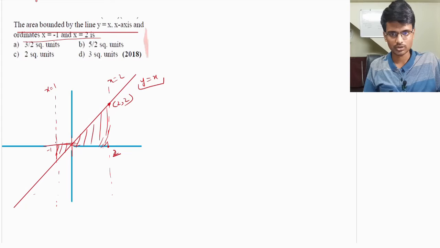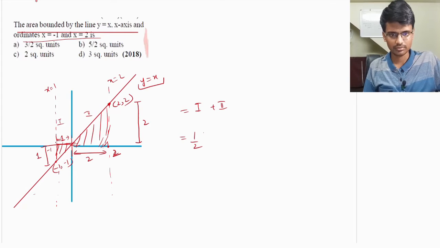So I know the height now. The height of this triangle is 2. Similarly here the height is 1, because this is -1 comma -1. So I have got two triangles. Let me call this 1 and this 2. So it is 1 plus 2. What is my 1?